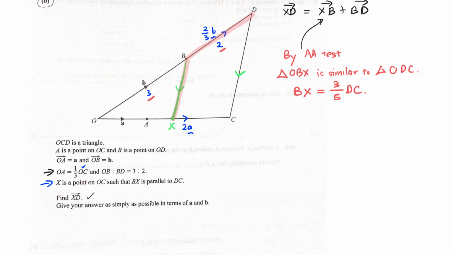Why this is important is because with that I am able to find the vector XB. If I want vector XB, I'm going to have to find vector CD first.